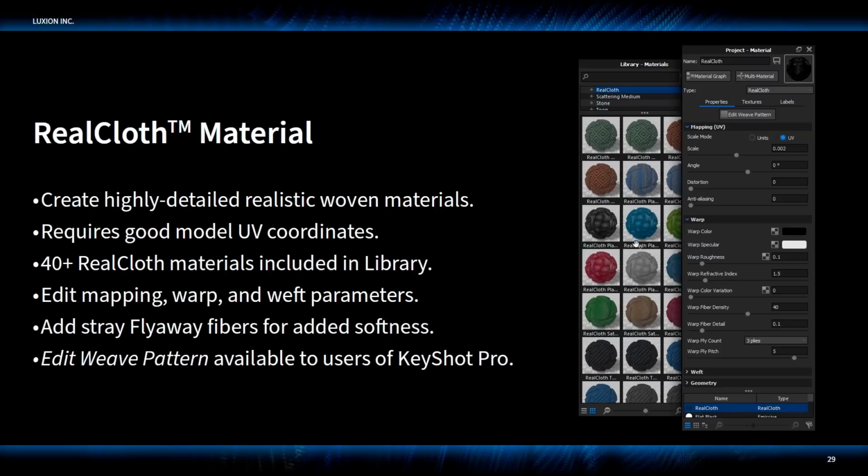You're able to edit the mapping of those materials with control over warp and weft parameters. You can add stray flyaway fibers to give the material even more softness. And then users of KeyShot Pro can edit the weave pattern to really customize a cloth material specific to your needs.